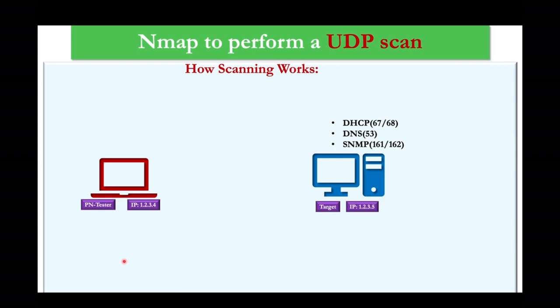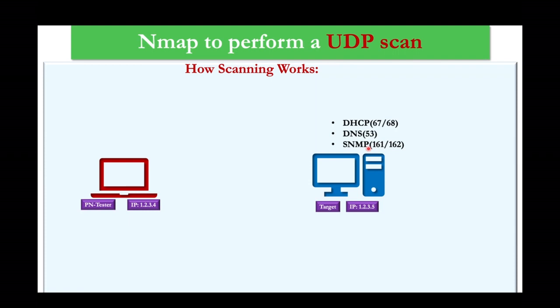So let us see. As said, UDP services are widely deployed on the internet, like DNS, SNMP, and Dynamic Host Configuration Protocol, DHCP.